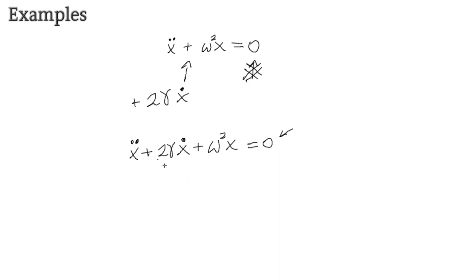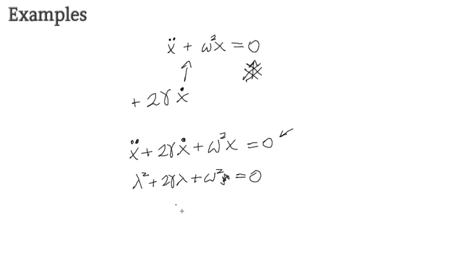So for this one, we can solve for the auxiliary equation as we do, which gives us lambda squared plus 2 gamma lambda plus omega squared equals 0. And guess what?